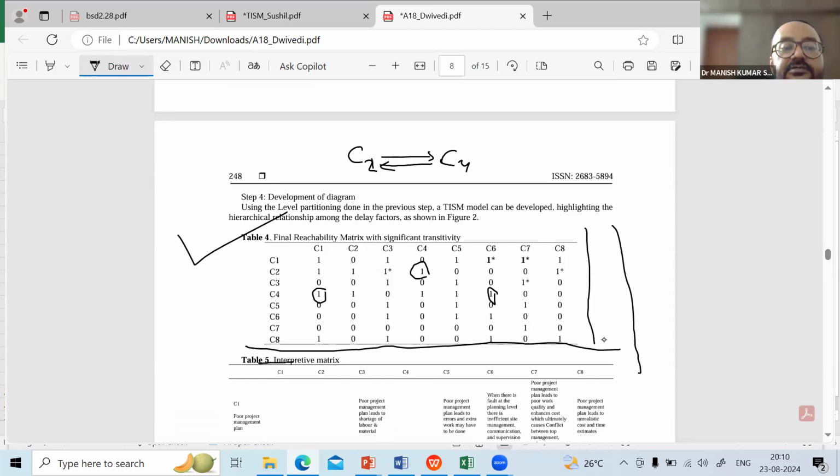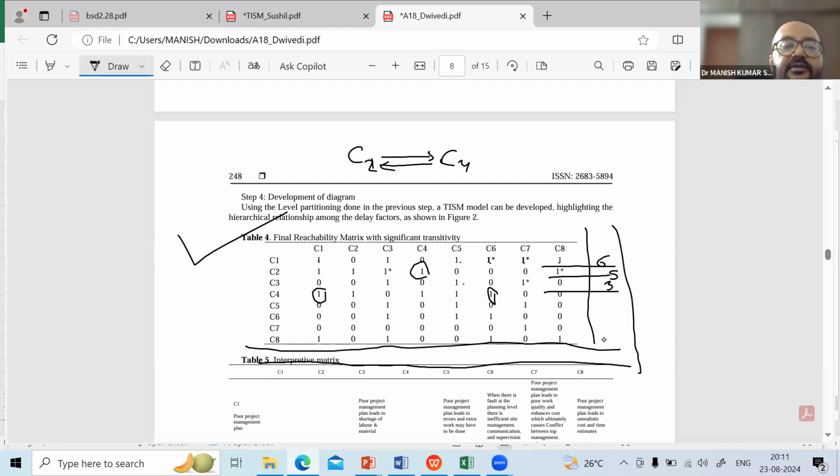If you add all the ones, 1, 2, 3, 4, 5, 6, it is 6. Now 1, 2, 3, 4, 5, it is 5. Now it is 1, 2, 3, only 3. Like this, you will get some data.